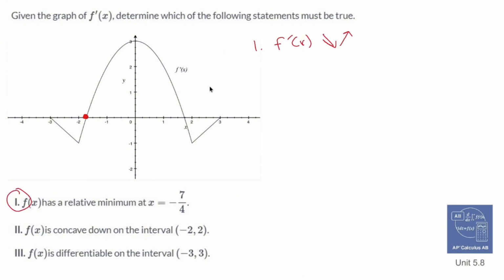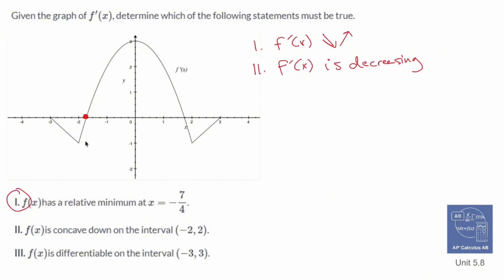If f of x is concave down at negative 2, 2, that means that the rate of change, or the slope, is decreasing. At negative 2, 2. So here's negative 2. There is no negative 2, 2.